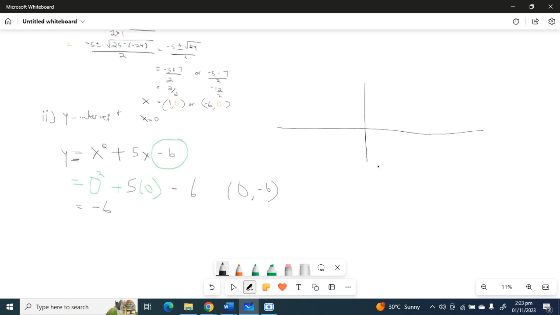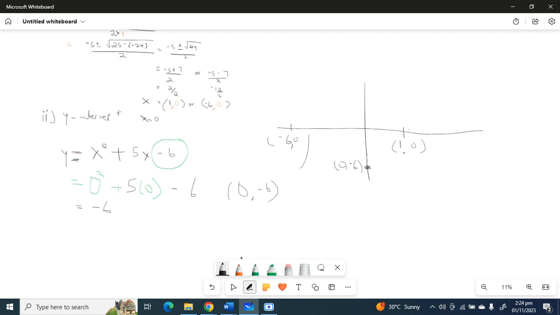Since a is positive, it will be the shape of a smile. Our y-intercept is 0 and negative 6, somewhere here. Our x-intercepts, here we have 1, 0, and on this side we have negative 6 and 0.